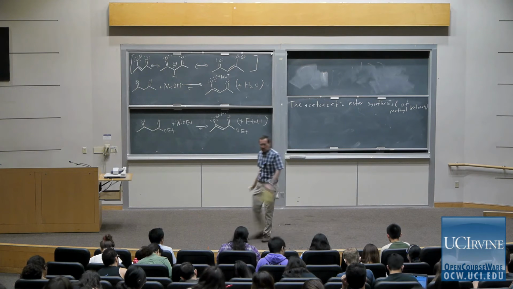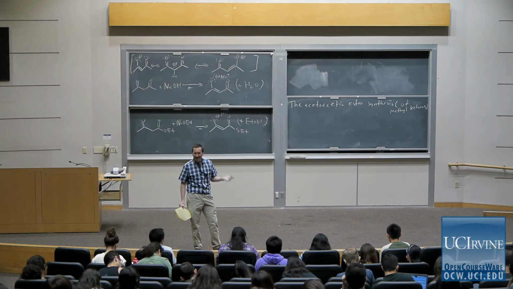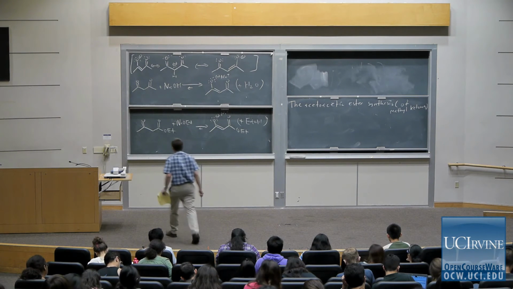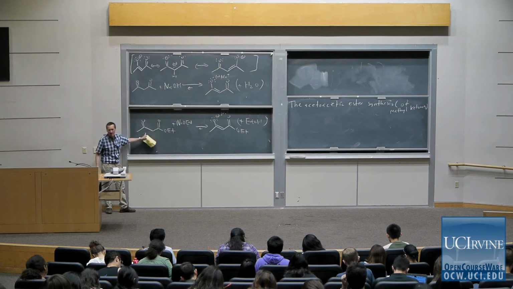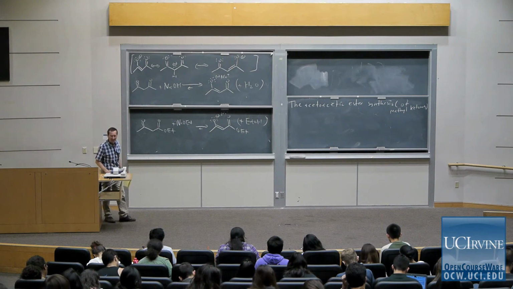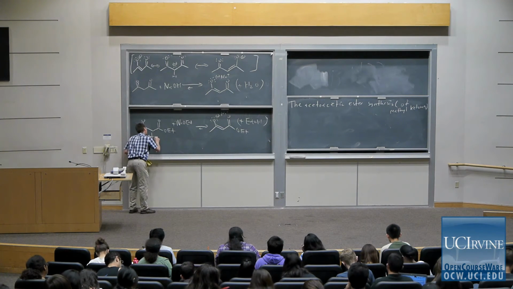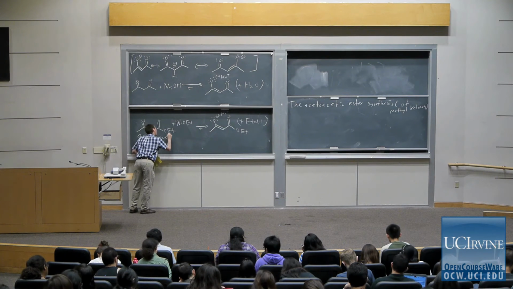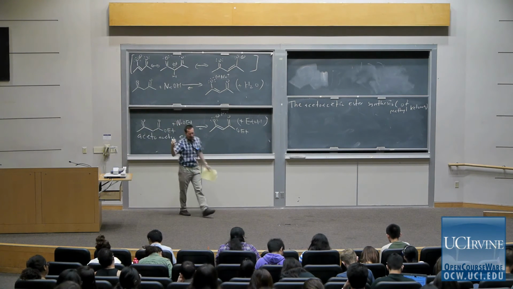Now, I hinted that there's another name in addition to ethyl acetoacetate. That name for this compound, in addition to calling it ethyl 3-oxobutanoate, in addition to calling it ethyl acetoacetate, also gets called acetoacetic ester. It's a historical thing.